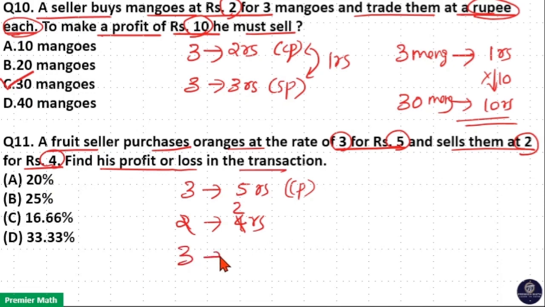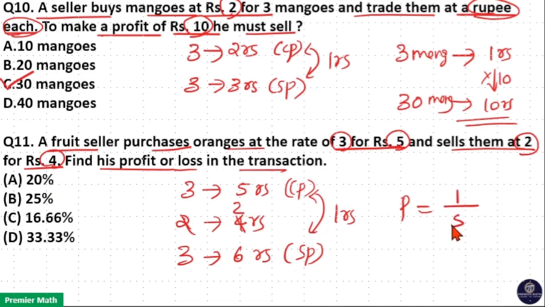Which means 3 oranges he sells at 3 into 2, 6 rupees. So this is the sell price. Now the difference between cost price and sell price is 1 rupee. Now the profit he has made is 1 rupee out of this 5 rupees cost price, which means profit is equal to 1 by 5 into 100, which is equal to 20%. So option A is your answer.